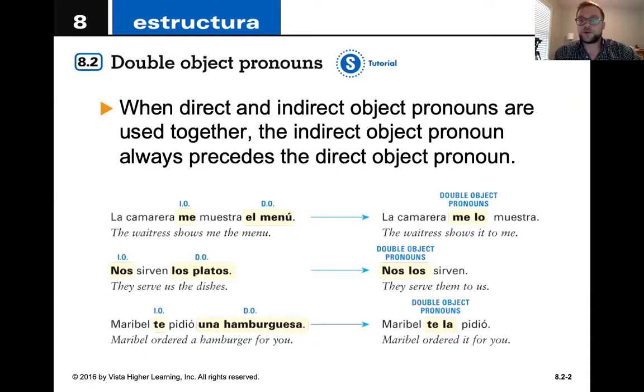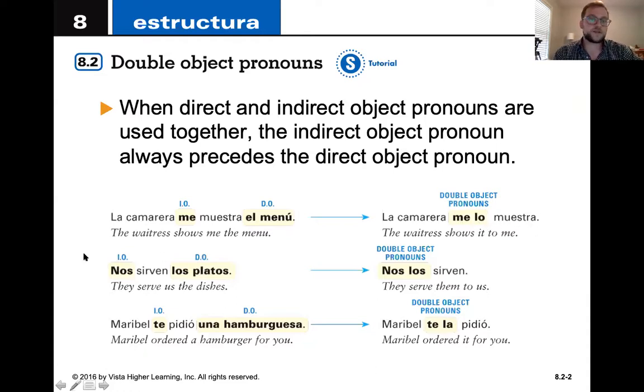She shows, we know it's a third person singular conjugation. She shows it to me. So almost like we're working backwards, right? Or to me, she shows. Sounds a bit Shakespearean, a little bit like Old English, very proper English. Me lo muestra, to me, she shows, or she shows it to me, okay?